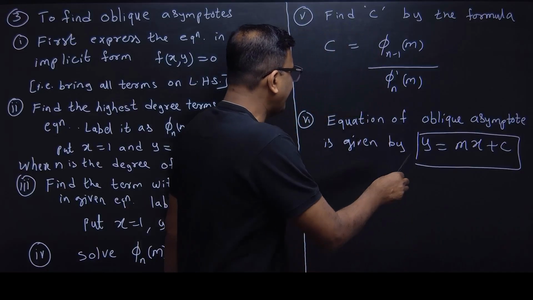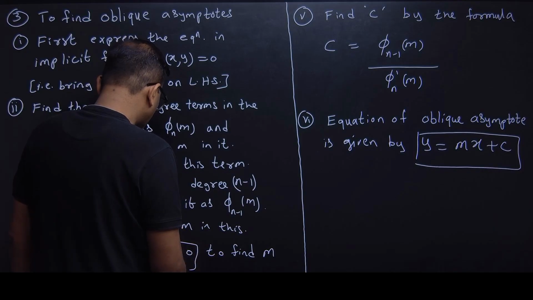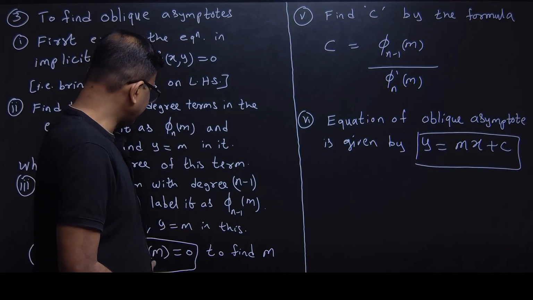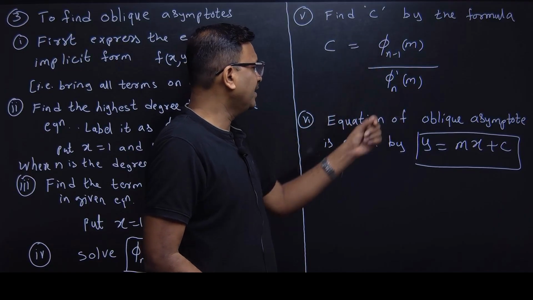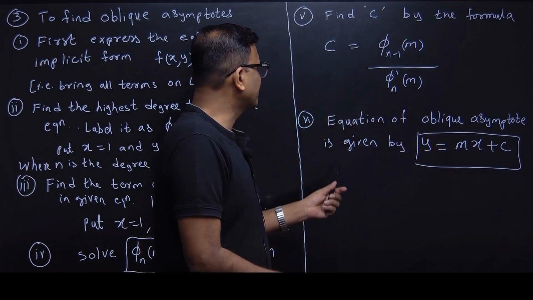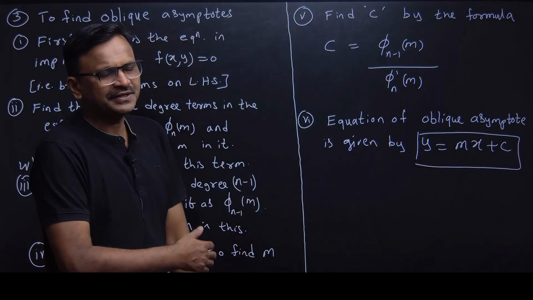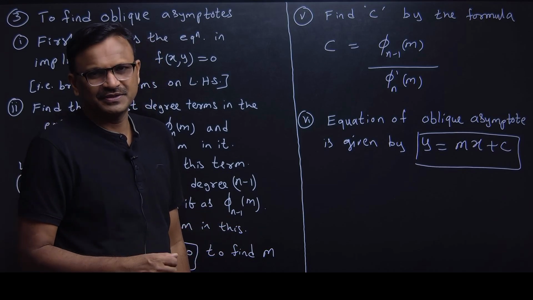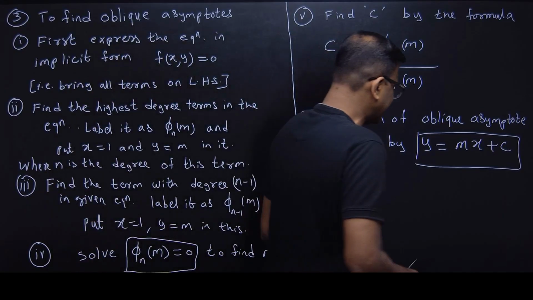So we find the slope by solving the equation phi nm is equal to 0, where n represents the degree of the highest degree term in the equation. Then the equation of the oblique asymptote is y is mx plus c, where m represents the slope and c represents the y-intercept of that oblique asymptote. How this is to be done, we'll see in an example itself.